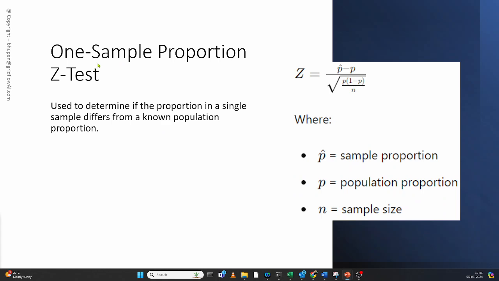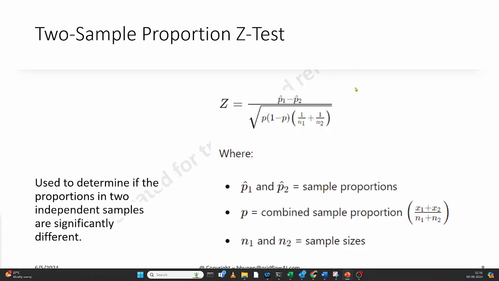Another variation of z-test is one sample proportion z-test. That means you have a sample and you also know the proportion. So take the proportion and subtract it in the numerator, then the standard error. One more flavor of z-test is when we have two independent samples and the proportions of each one.